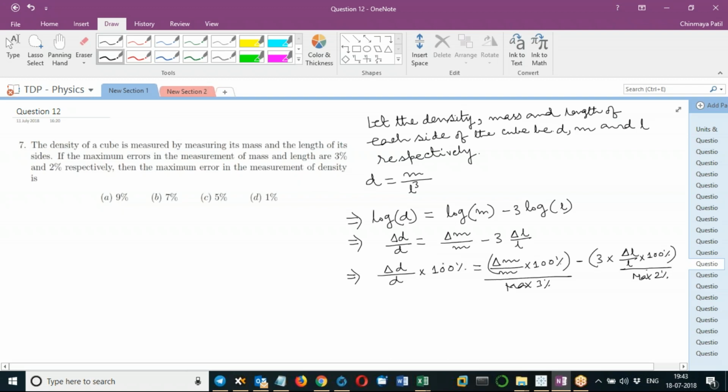So the maximum error in measurement is equal to 3% plus 3 into 2%. That is equal to a total of 9%, and the correct option is A.